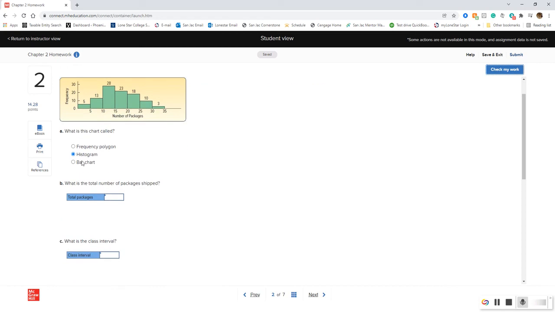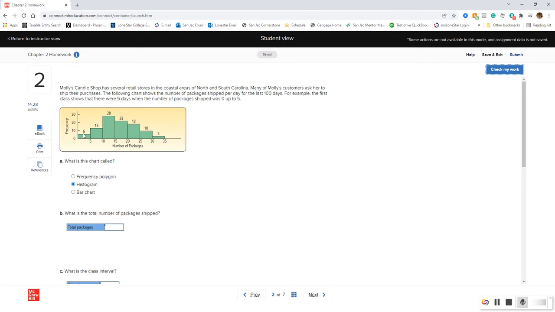Alright, so it asks, what is the total number of packages shipped? All we have to determine is the numbers in each column. So you would add 5, 13, 28, 23, 18, 10, and 3. For me, that would be it. If your numbers are a little bit different, it's still the numbers in the bar.